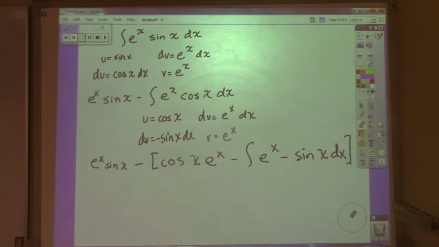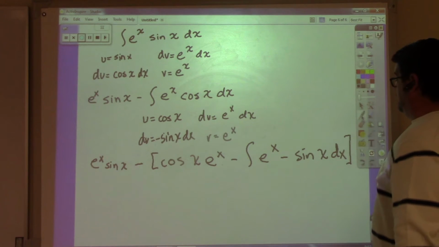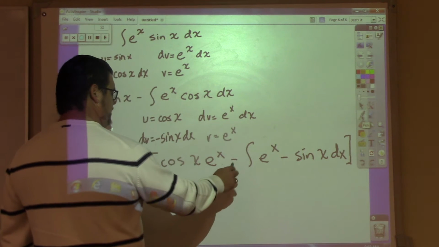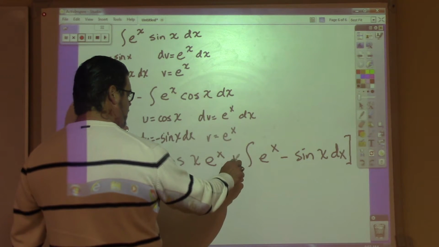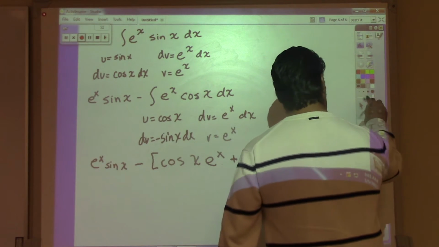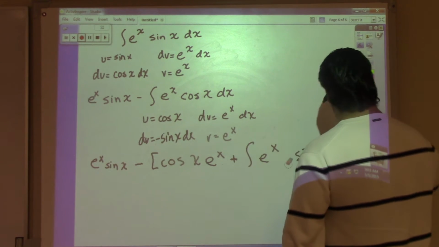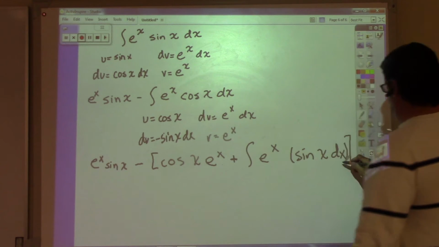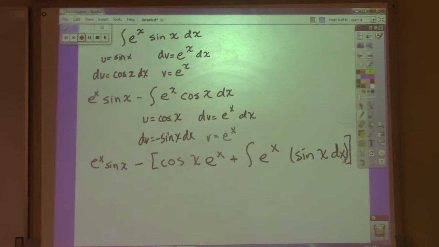There, that looks a little bit better. And of course, that negative can come out, and that'll make that a plus. And that would be just multiplication there.